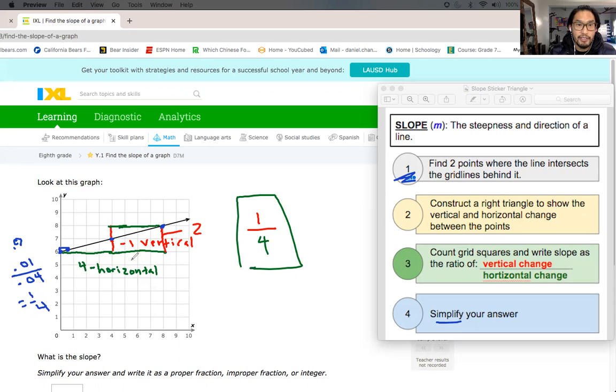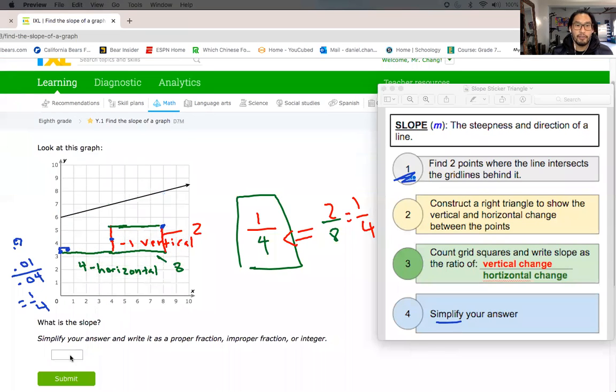So that's 2, and then this would be 8. Then I would have to simplify my answer, and 2/8 simplifies to 1/4. They're equivalent ratios because there's a common factor of 2, divide out the 2, and I'm left with 1/4.